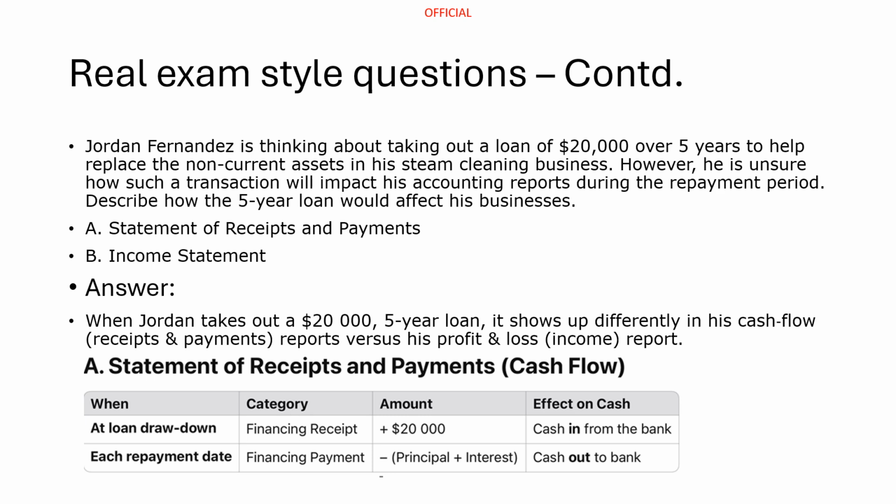The loan would go under financing receipts as cash in from the bank, and on each repayment date, the repayment would go under financing payments as a cash outflow to the bank, principal plus interest.